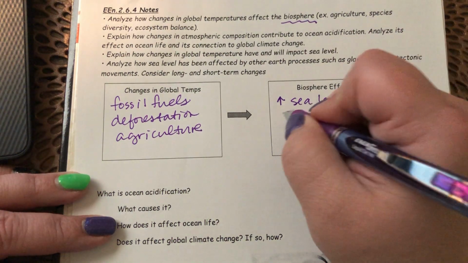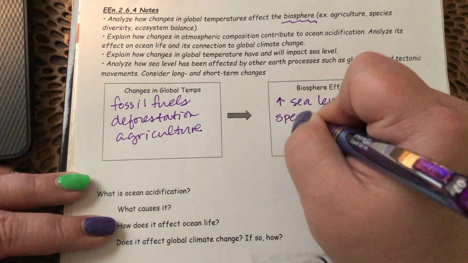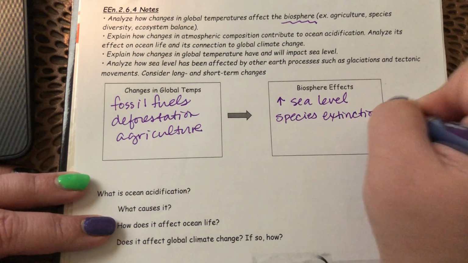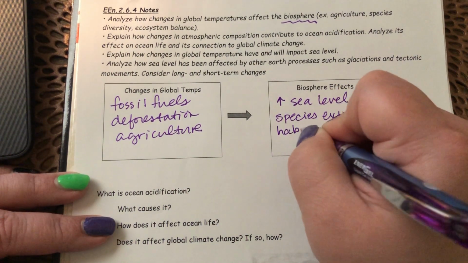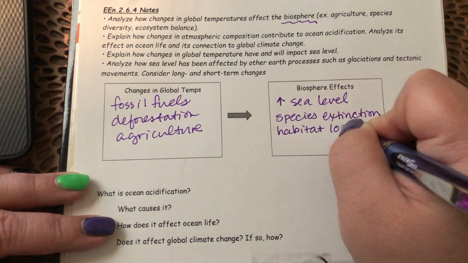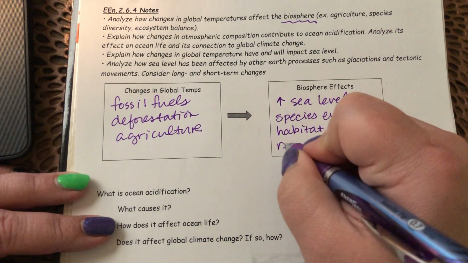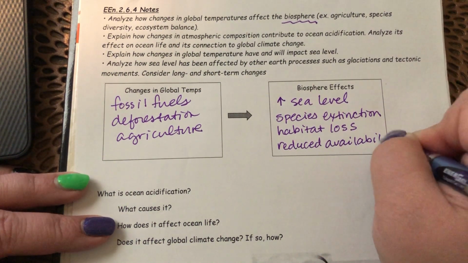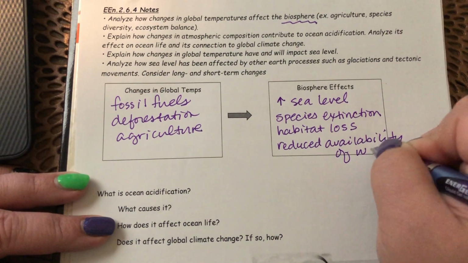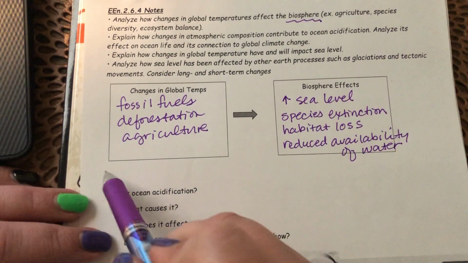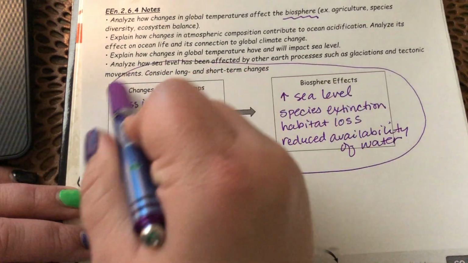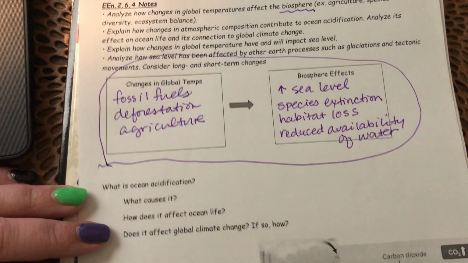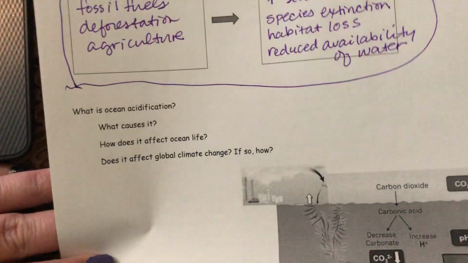Okay, we're having extinction of species, and we're having a problem with habitat loss and reduced availability of water. This is huge to remember, okay?